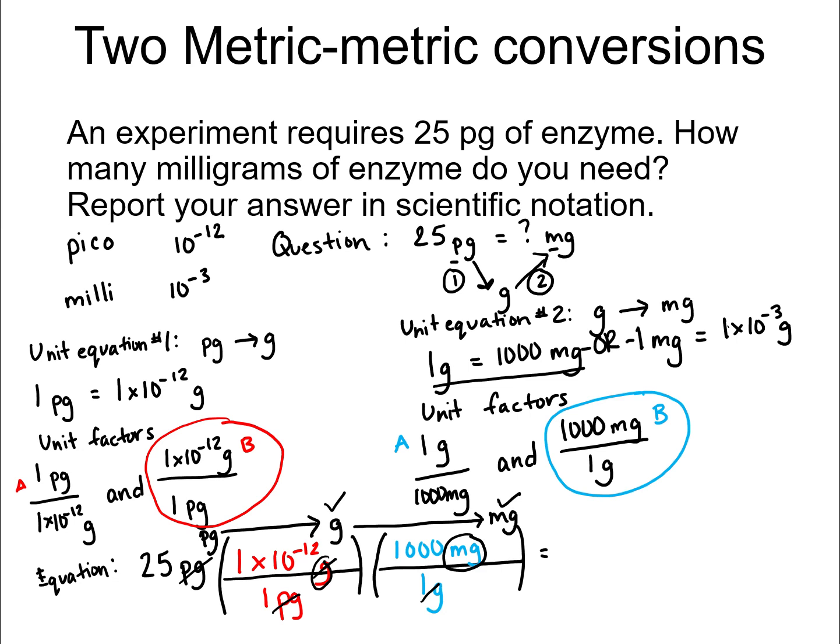You can try it now. 25 times 1 times 10 to the minus 12 times 1,000. Let me know what you get. And if you already got an answer, you can put that in.